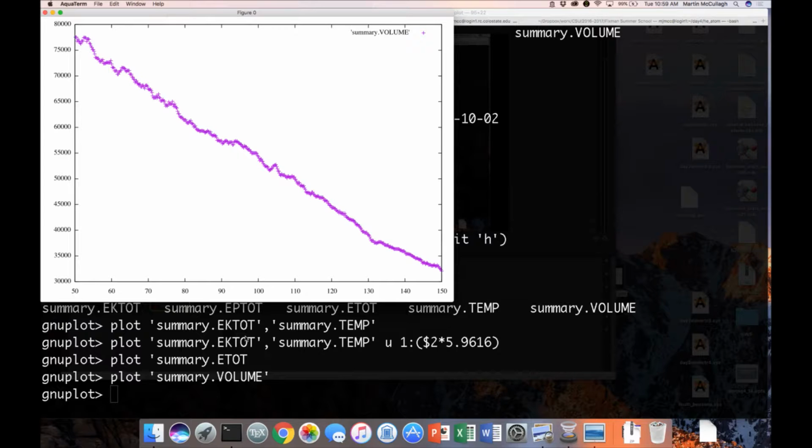When the system is equilibrated, when it's starting to produce configurations consistent with the thermodynamic conditions we're interested in, the temperature and the pressure, this will start fluctuating around an average value. It just levels off and fluctuates around an average value.